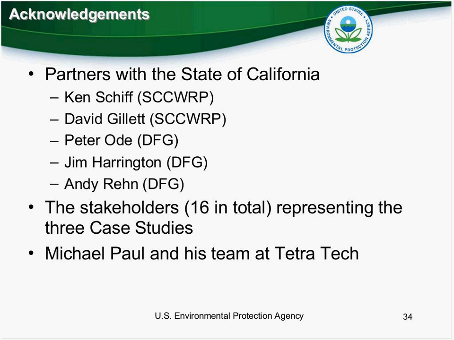Right. But the weight of evidence becomes weaker. The advantage of a comparator site is that it provides you the contrast. In an ideal world, a comparator site is very similar to your impaired site, but differs in one or two stressor attributes, or maybe has a slightly better biology or a different biological community.